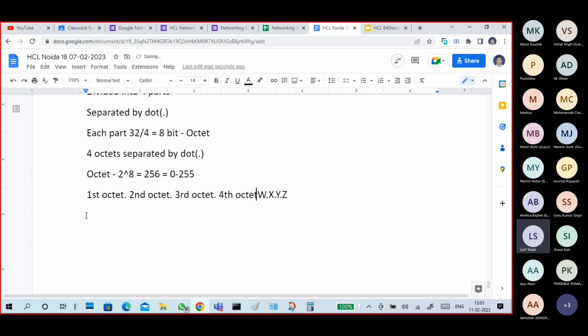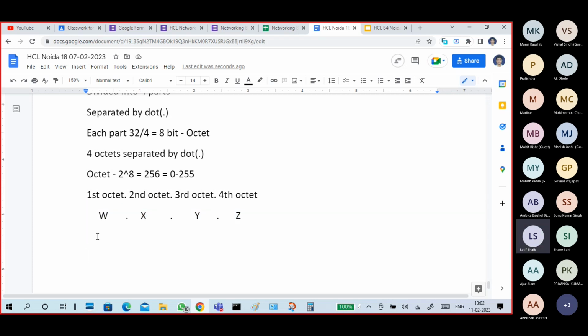Some people represent these octets with W, X, Y, and Z. Some textbooks represent it like that, telling first octet as W, and so on, Y, Z. This is also okay.